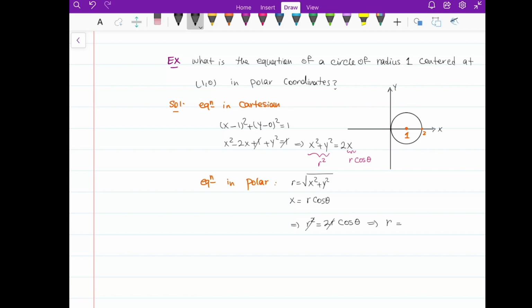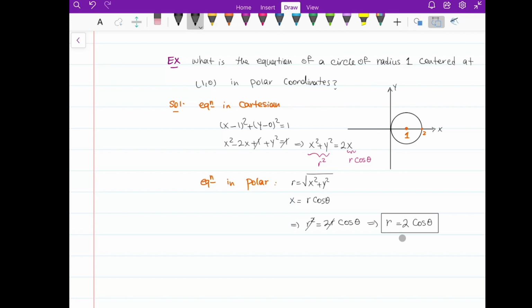I get r equals 2 cosine theta. That's the equation of this circle in polar coordinates. This is the algebraic way to show this circle in polar.